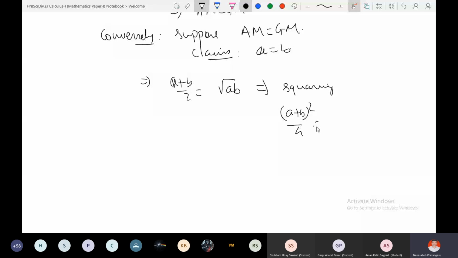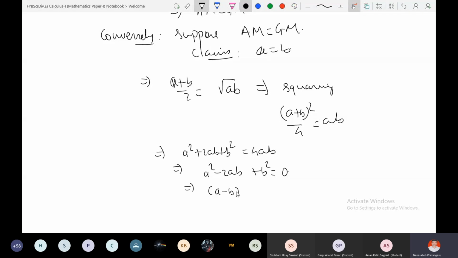That means A square plus 2AB plus B square is equal to 4AB. That means A square minus 2AB plus B square is equal to 0, because I just subtract 4AB from both sides, and this is (A minus B) square is equal to 0.